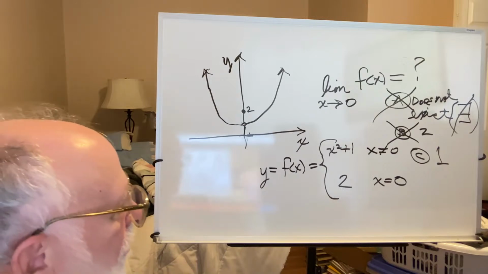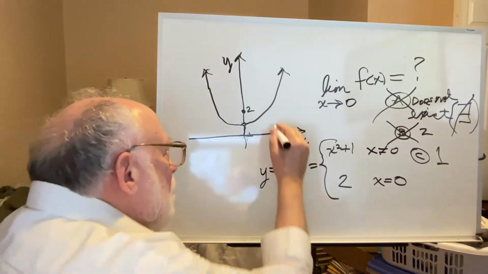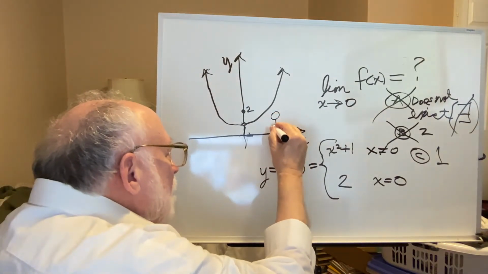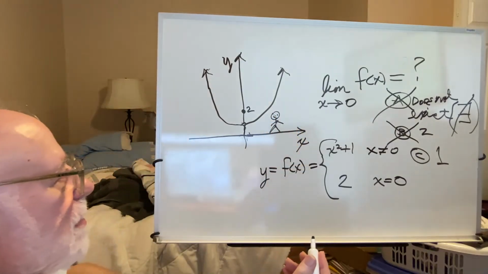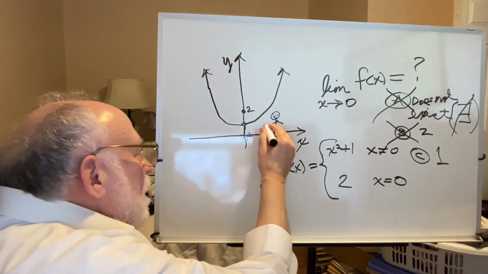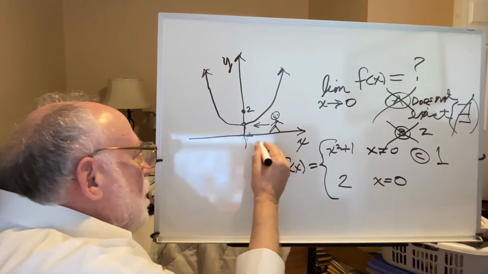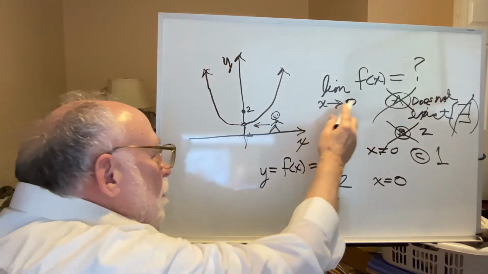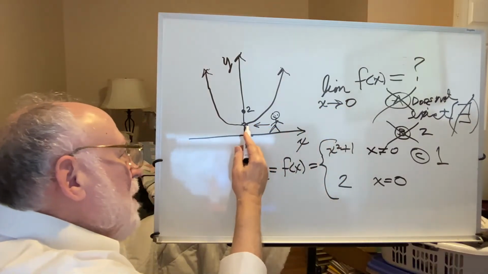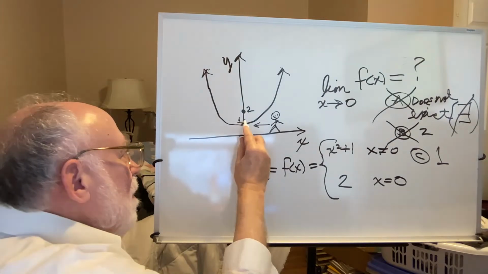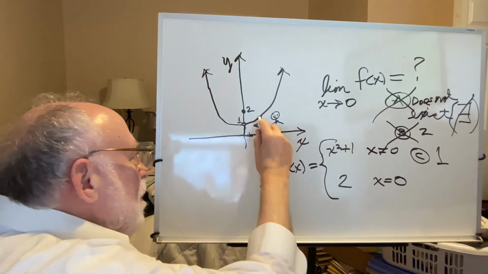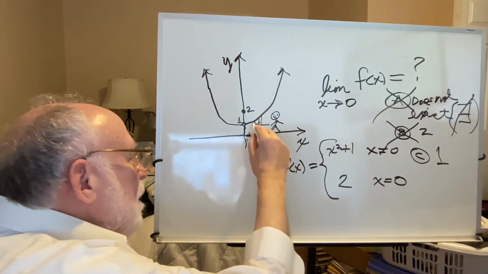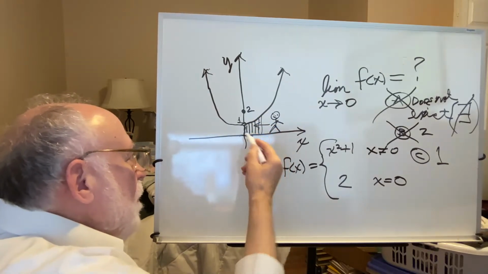What's the approach? The approach is as x goes to 0. We have put this little man here. I don't know if he's happy or sad, but he's heading towards the origin, which is the limit point. As he heads towards the origin, the y value approaches 1. Looking up at the curve, these heights are going to 1.